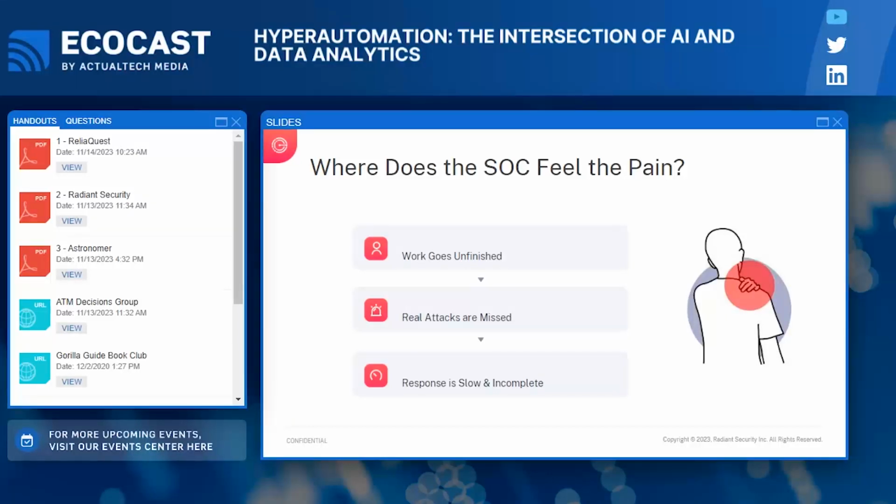And that means that real attacks can exist in the blind spots that are opened by that work not being finished. If we're missing real attacks or parts of attacks, that means we're going to have an incomplete response. And all the manual effort that goes into triaging and investigation, so we're not missing things, is time consuming. And that means we have a slow response. So these are the things that we're going to need to fix.